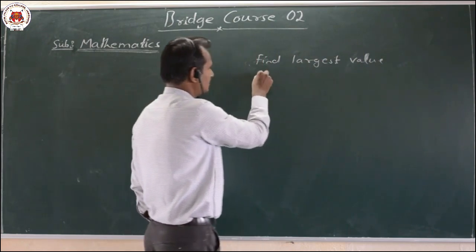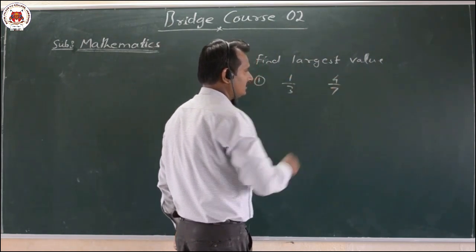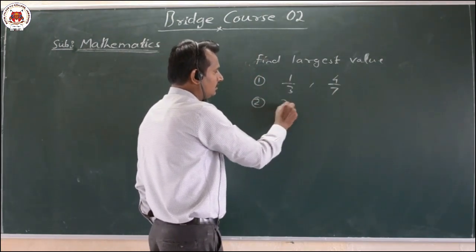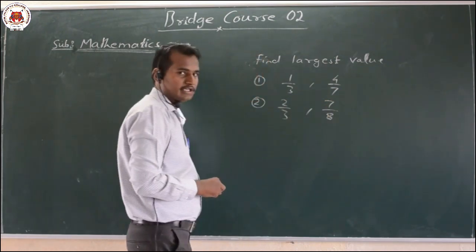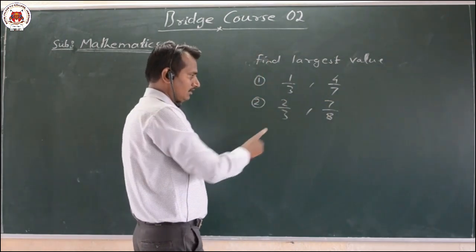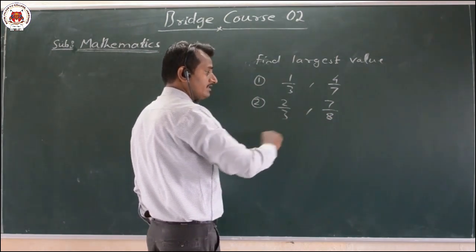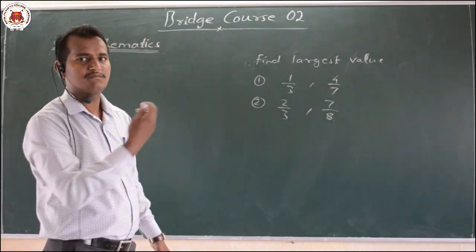The first one: 1 by 3 and 4 by 7. Second one: 2 by 3 and 7 by 8. You can compare and solve it by the denominator form, where the denominator should be the same, or else take the LCM and solve it.